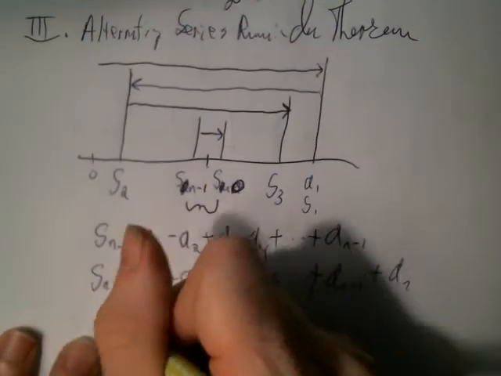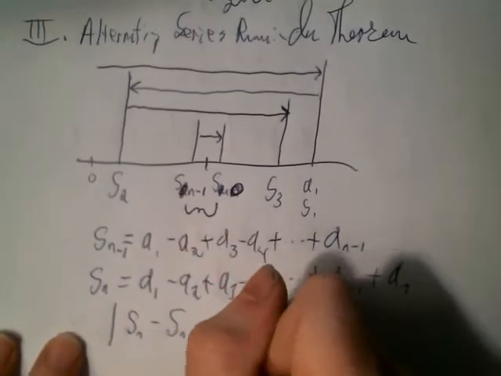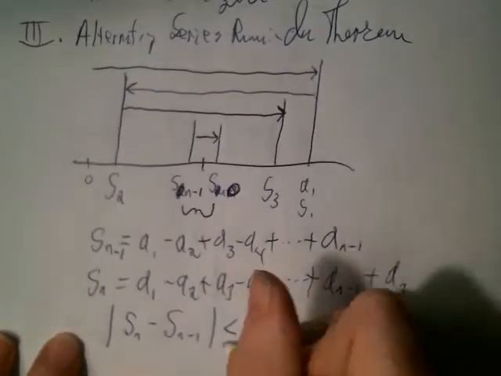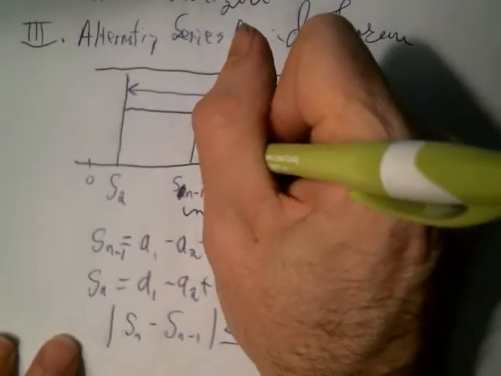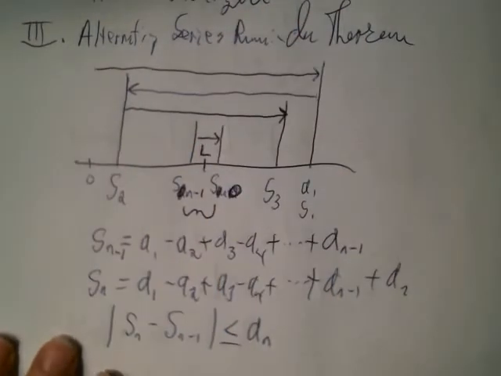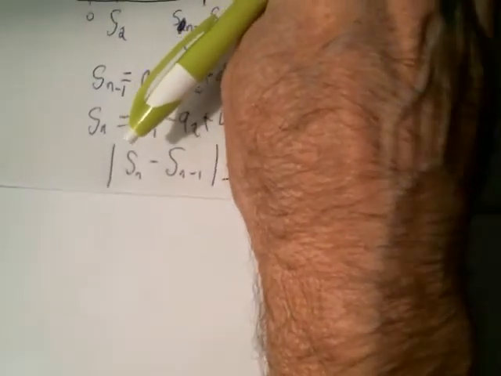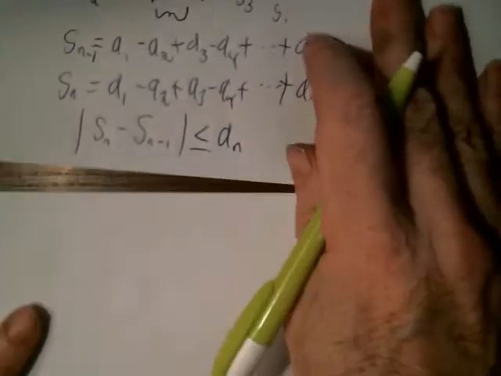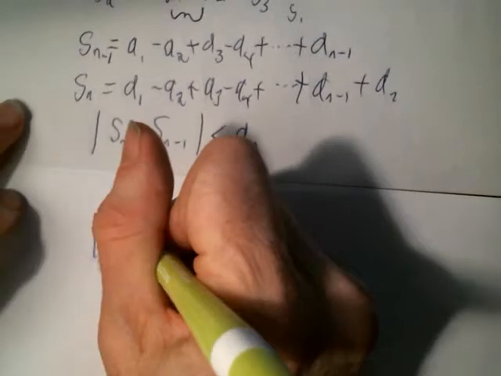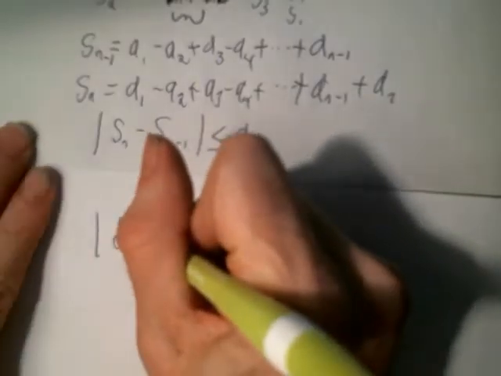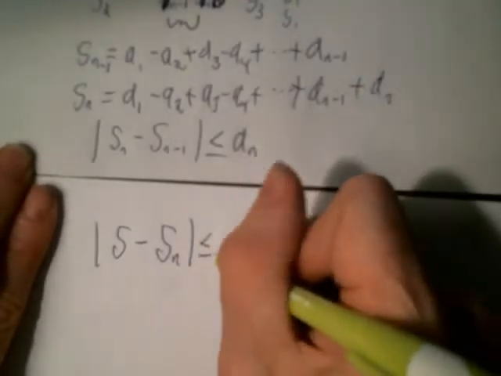Okay, so what? Well, the difference between these two terms, s sub n and s sub n minus 1, is less than or equal to a sub n. And then because the limit is in between them, you can go further and say that the actual sum, presuming it is convergent, s minus the nth partial sum, has a distance less than that a sub n.